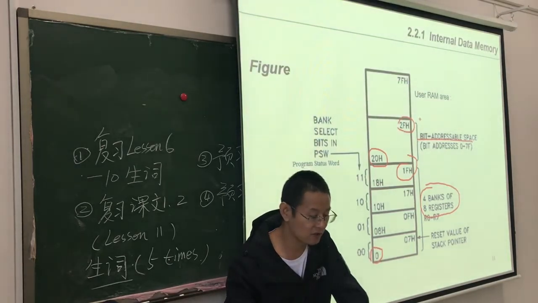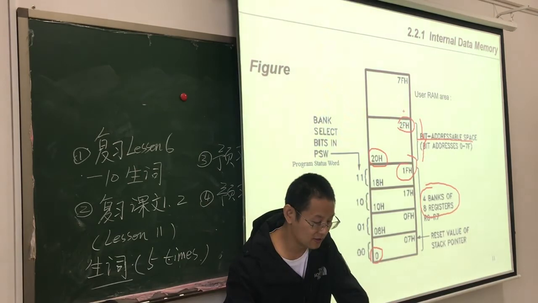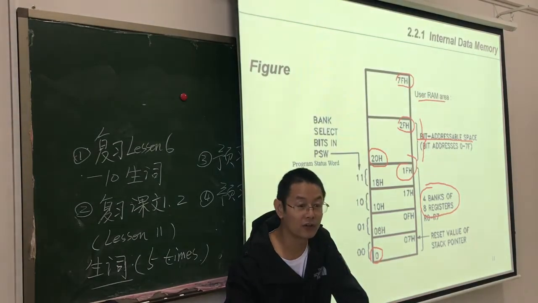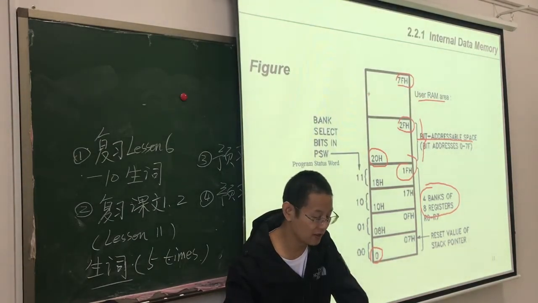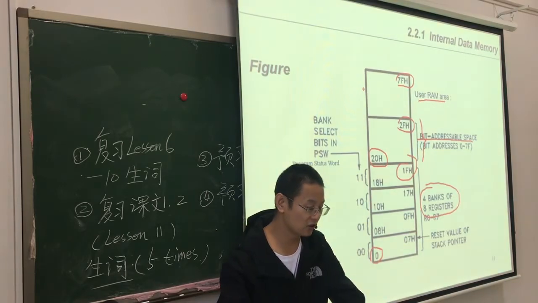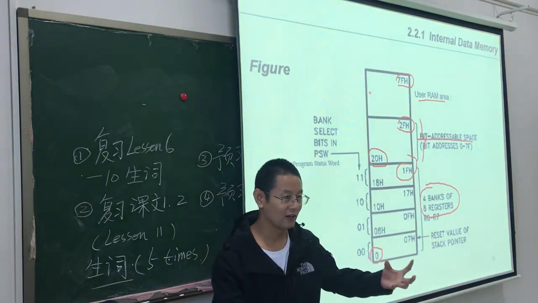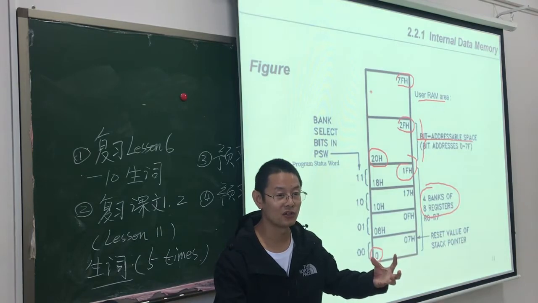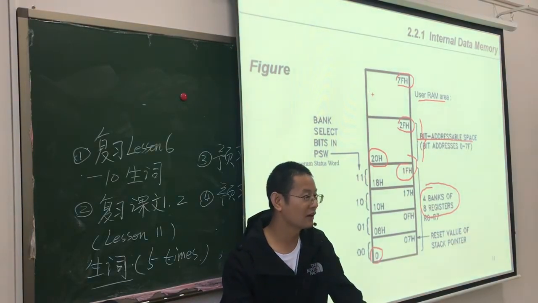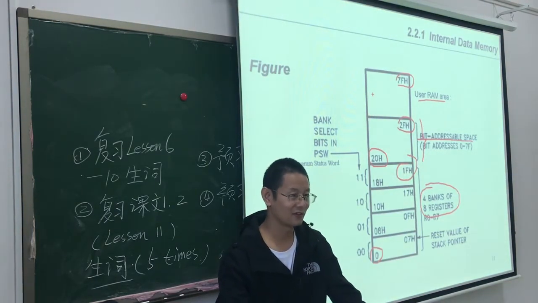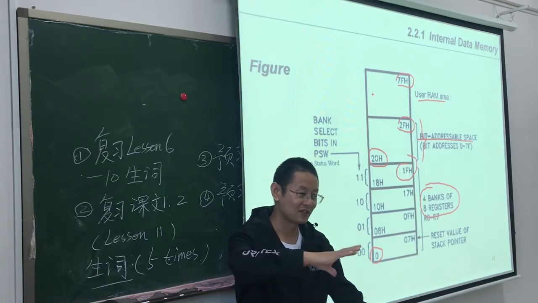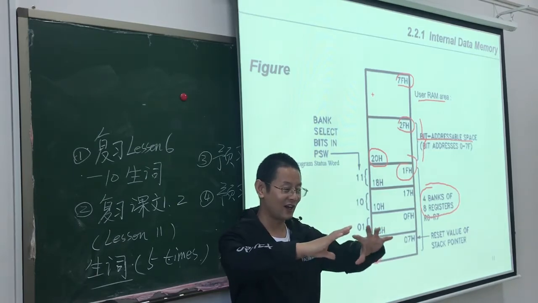This space can read and write bits. 30H to 7FH is user RAM. You can think of this as a picture. Your RAM is drawn on the picture.